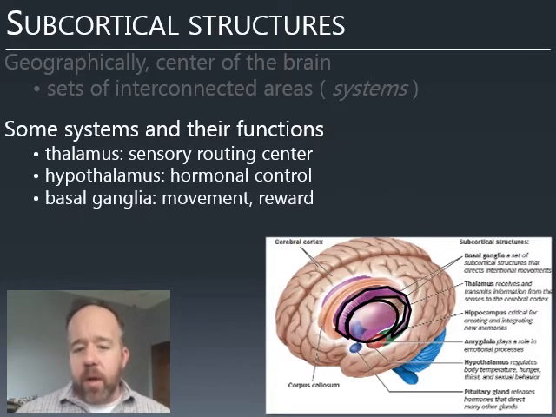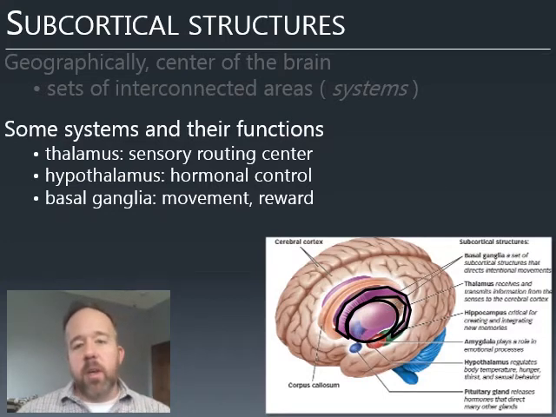There are the basal ganglia, which are one of these systems. It's a collection of structures. And the basal ganglia are involved in actions, involved in movement, but not in the same sense as motor cortex is. It's not involved in picking which parts of the body to move and how much to move them. The basal ganglia are really about coordinating movement and fine-tuning movement, especially movement that is goal-directed.